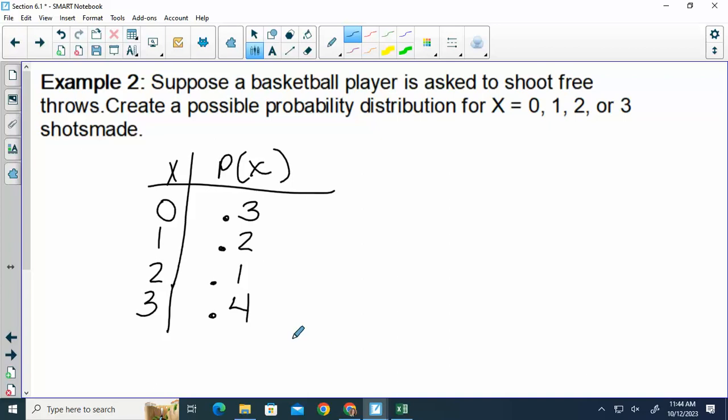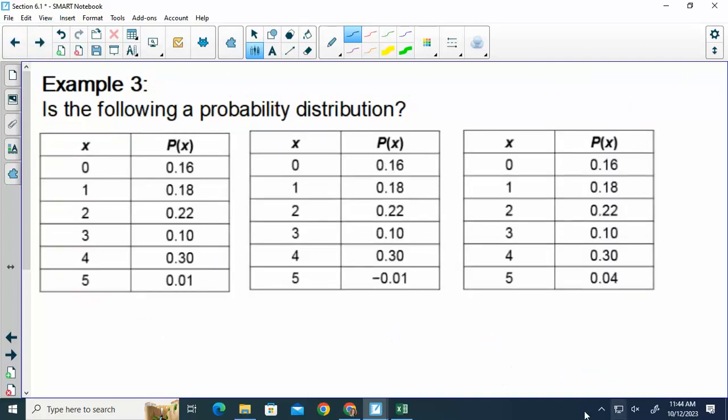So I want you guys to take a look at the next slide and decide if those are probability distributions. Take a second on your own. 3 of them, decide if each one is. So is the first one? Why?